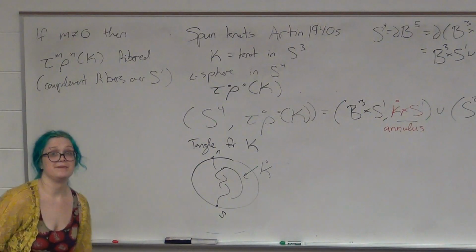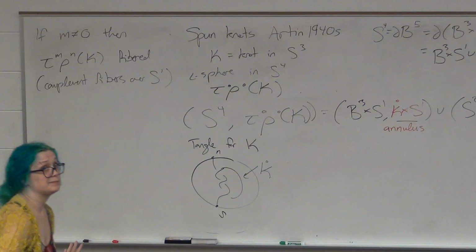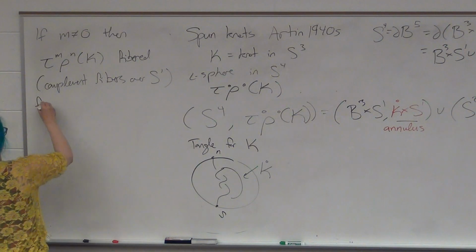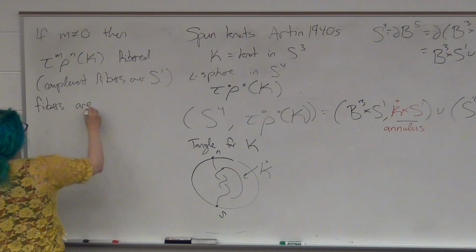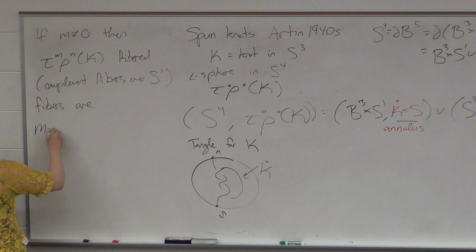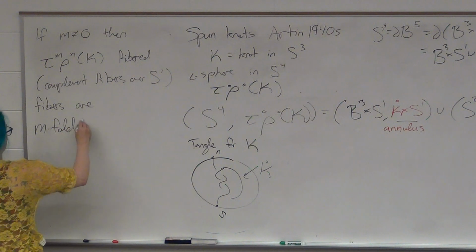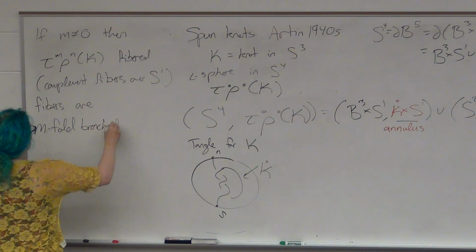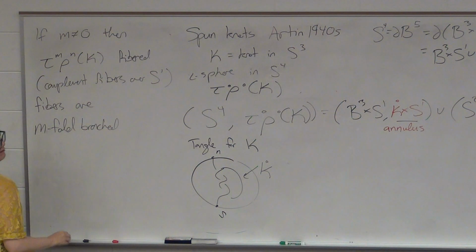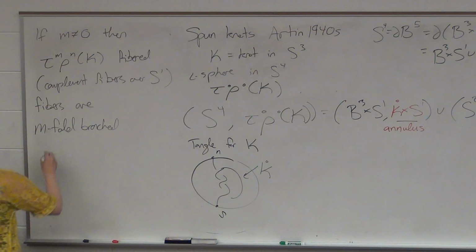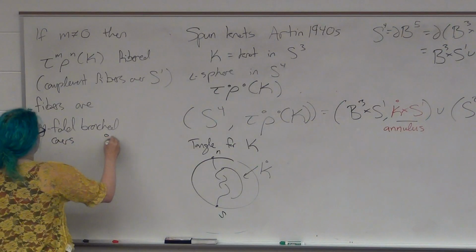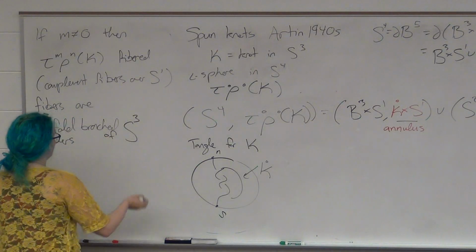So now the fibers are 3-manifolds. And I can actually say explicitly what the fibers are. The fibers are M-fold branched covers. That's why I need M to be non-zero. It also shows up in the proof; the result doesn't even make sense if M were 0. The fibers are M-fold branched covers of a certain Dehn surgery on the knot.